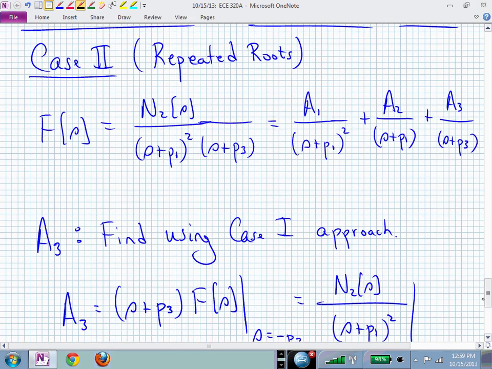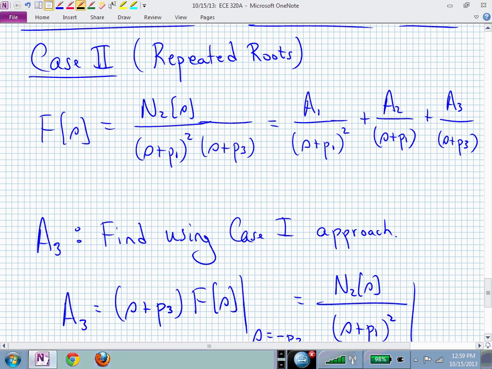Meaning, which of these coefficients, A1, A2, and A3, am I talking about? And your odds of a correct answer are actually 2/3, aren't they? Because there's 2 distinct roots here. Meaning you could say, well, A sub 3, we just found it. We used case 1. That's true. That's one of the correct answers. So now it's between A1 and A2.